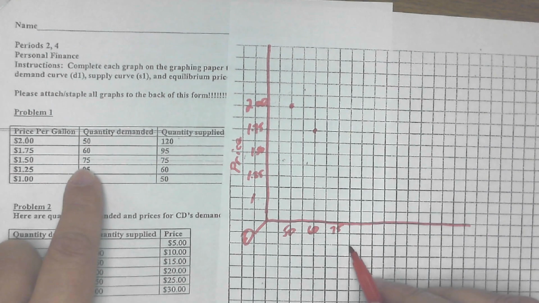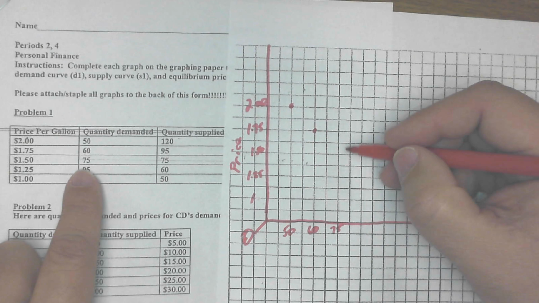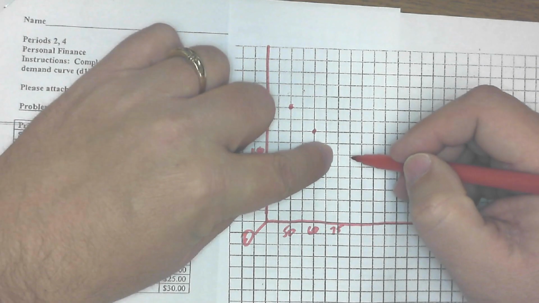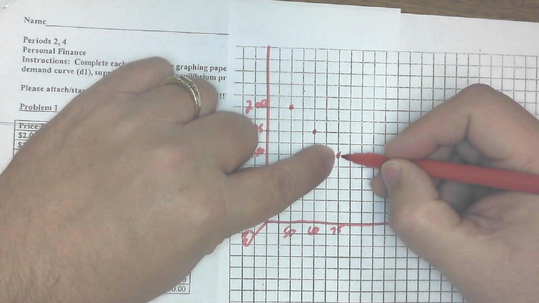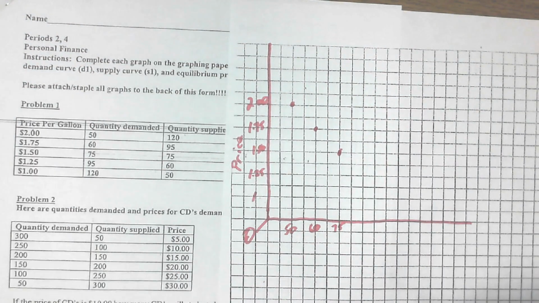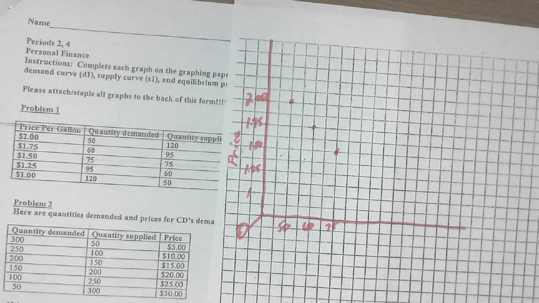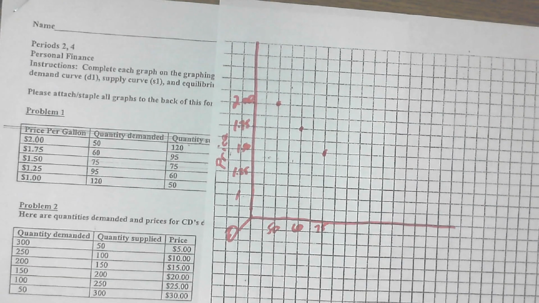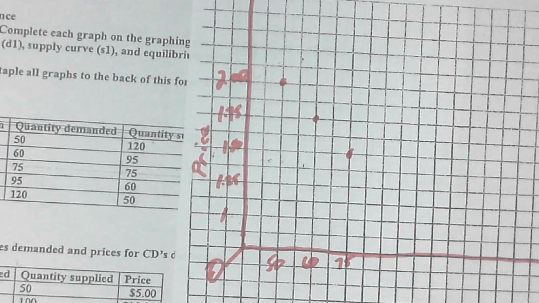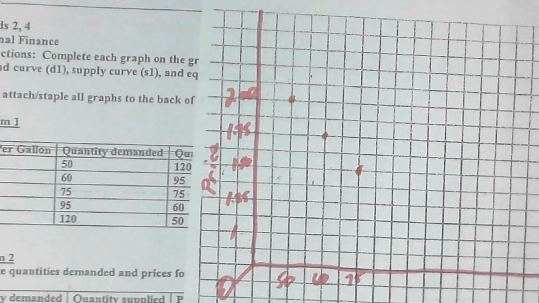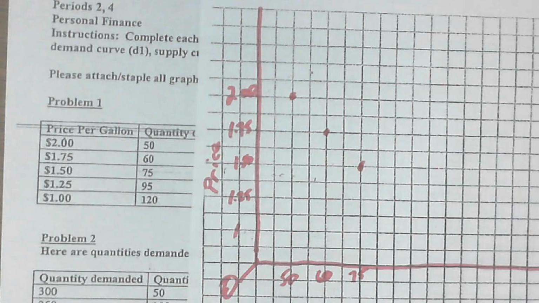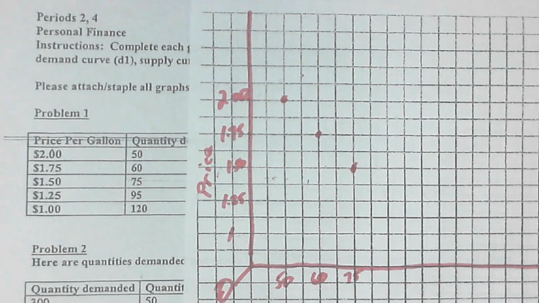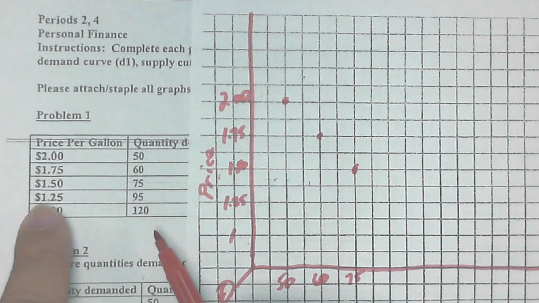So 75. Here's the $1.50, bring it across. And I'll make a point for the 75. And gas goes down to $1.25.